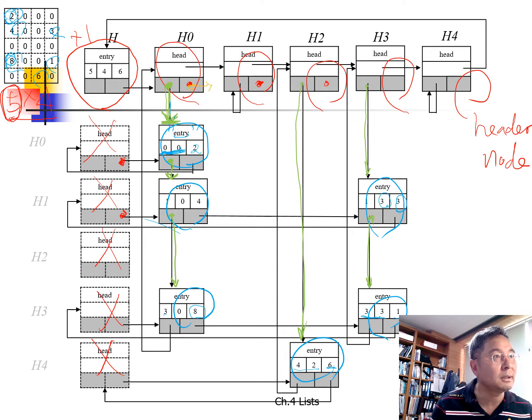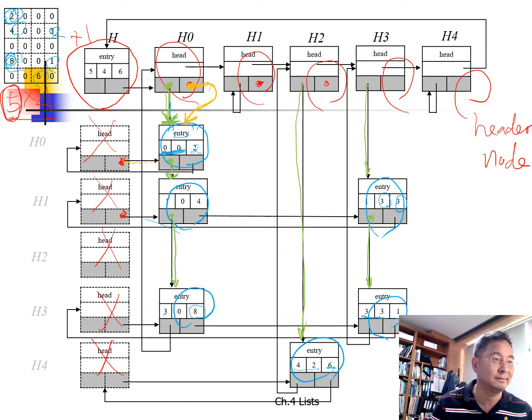So this right field will actually point to this one, but this one is virtual, so actually this value will point to this one. This pointing does not exist. It's a dotted line, but this one actually means this solid line.